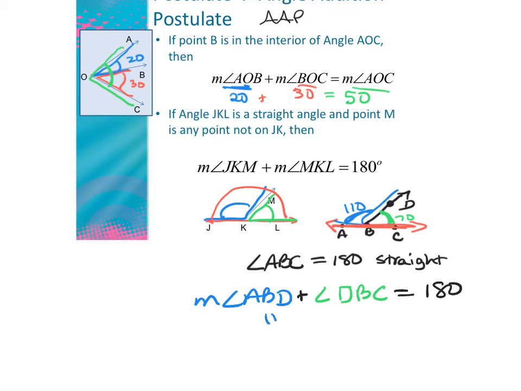So if I show you 110 plus 70, it equals 180. So what they may end up saying is ABC is a straight angle, and then they might give you, say, this, and they'll say, find the green one. And then you'll know you'll need to subtract from 180.